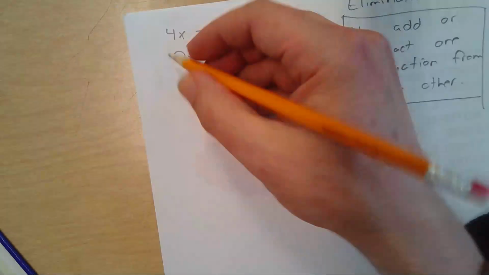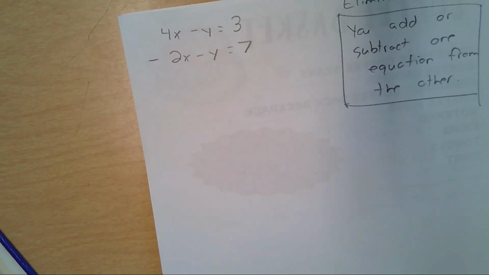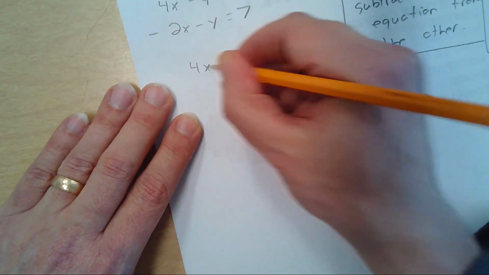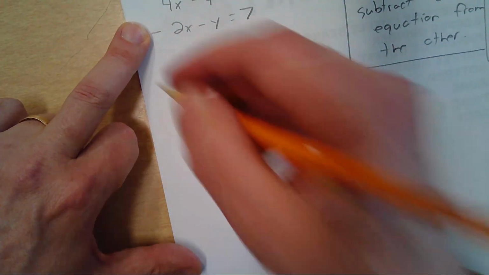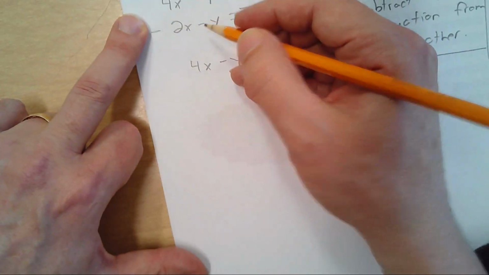And I'm just going to subtract this equation. When we subtract, remember, it's like distributing a negative 1 through the whole thing, right? So if I rewrite this as an addition thing, the first one doesn't change, but I am subtracting.